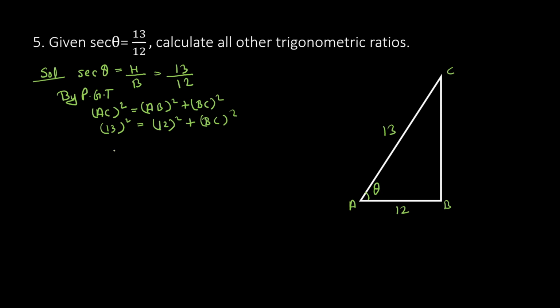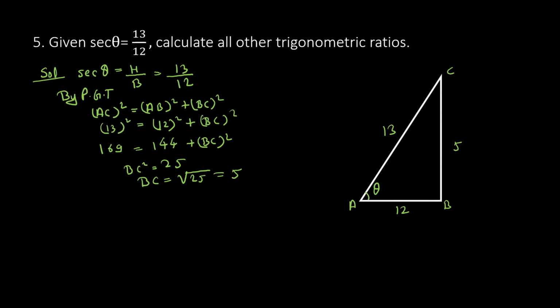Now what will be 13 square? 13 into 13 equal to 169 equals 12 into 12, which is 144, plus BC whole square. Now BC whole square equals 169 minus 144, which comes out as 25. So BC equals root 25, which is 5. So BC is 5 unit.